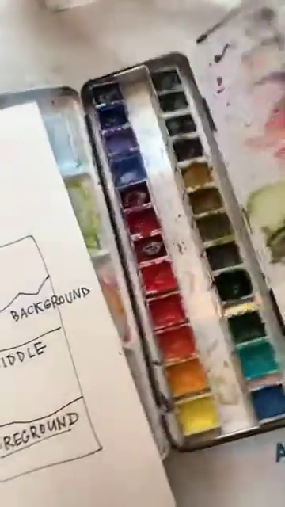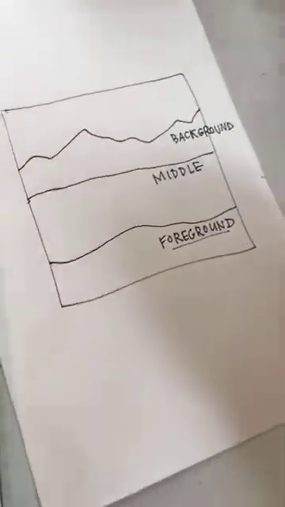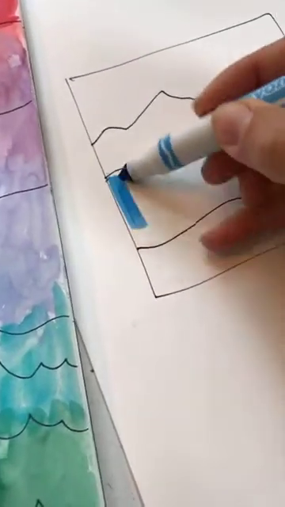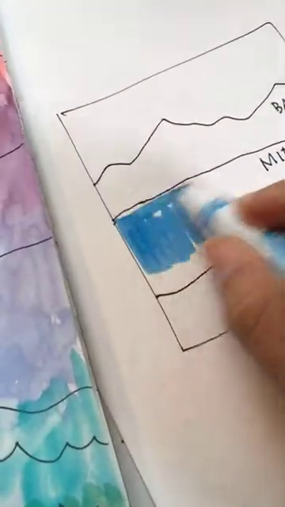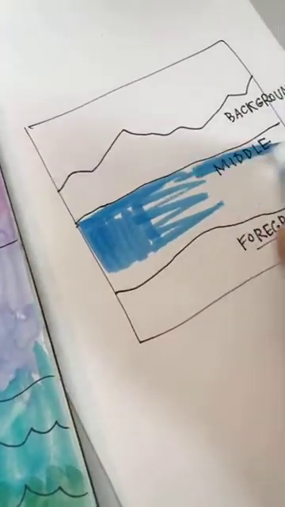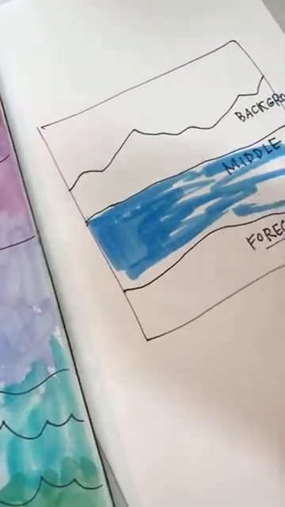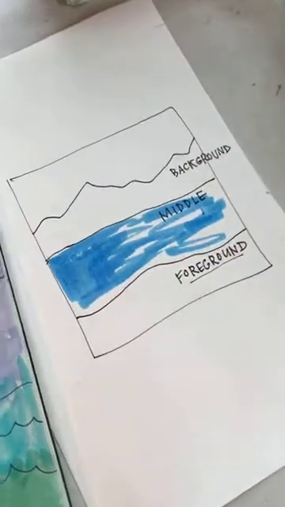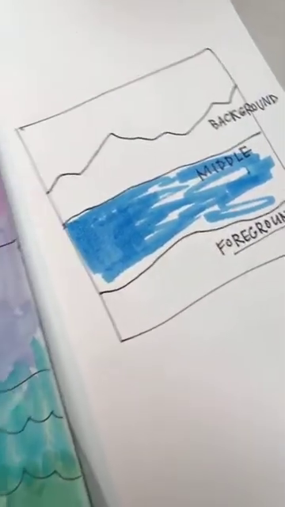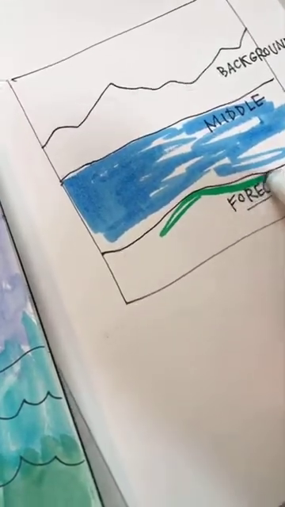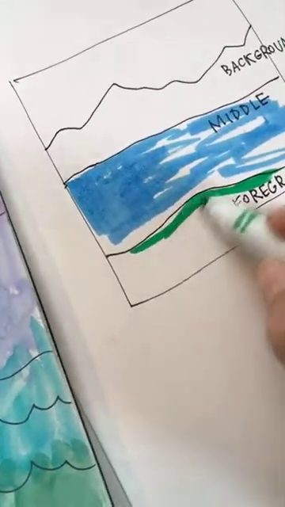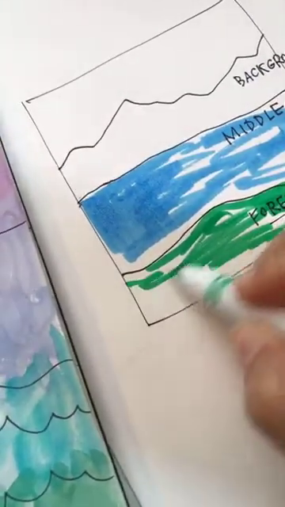So let's say I don't have this beautiful tray of watercolors, and all I have are some markers and some water and a paintbrush. So what I can do is just kind of scribble in a little bit of color. And then let's say I scribble in a little bit of green down here.